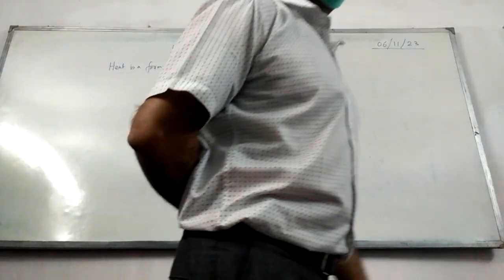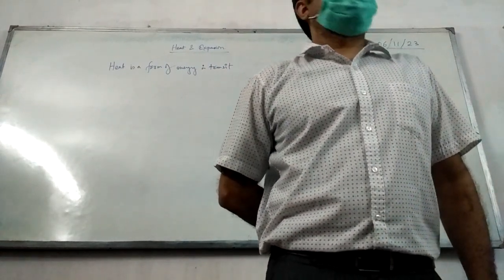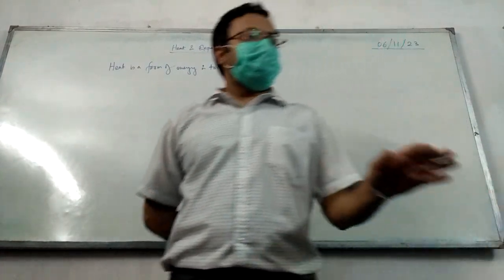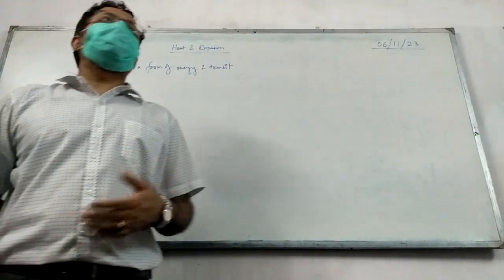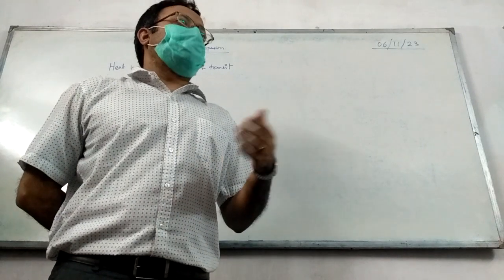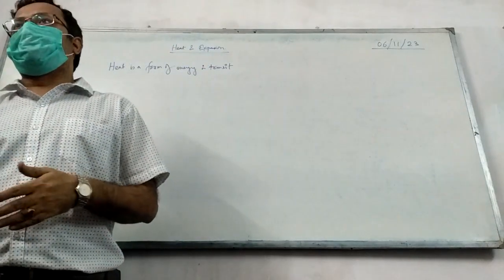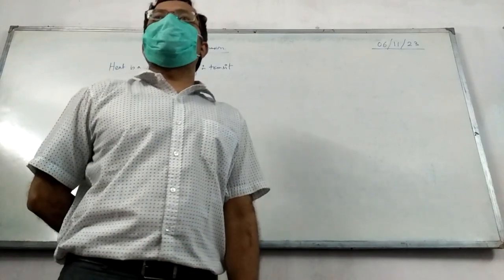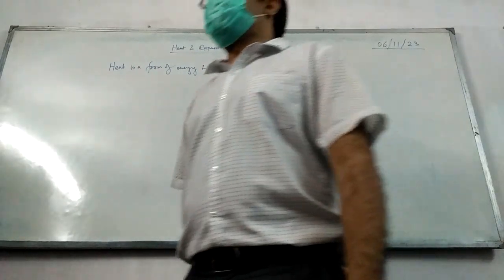Okay, now the question is what is temperature. It is just a parameter to measure the degree of hotness or coldness of a body. Means a parameter which decides the heat flow. Okay, so write this down.